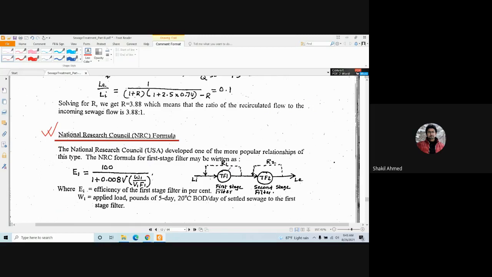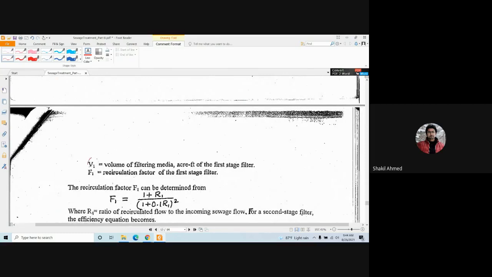According to this formula, if you use multiple trickling filters, trickling filter 1 and trickling filter 2, with recirculation ratio R1 for trickling filter 1 and R2 for trickling filter 2, then the efficiency E1 for the first trickling filter will be 100 divided by 1 plus 0.008 times the square root of W1 divided by V1 F1.